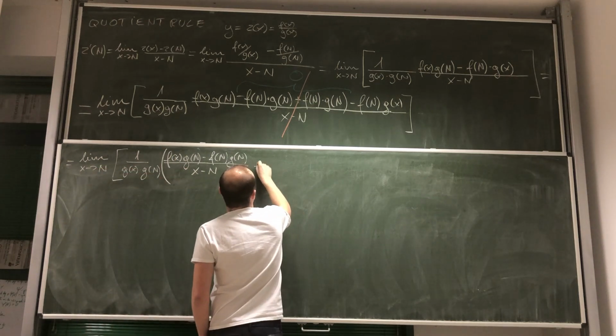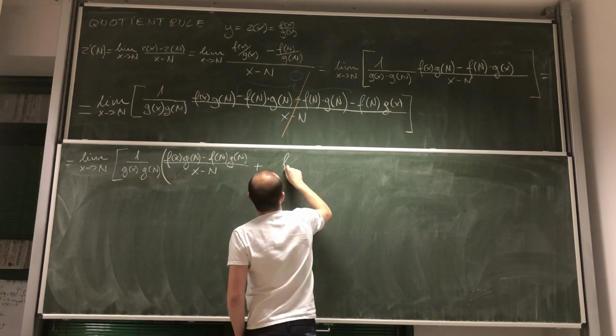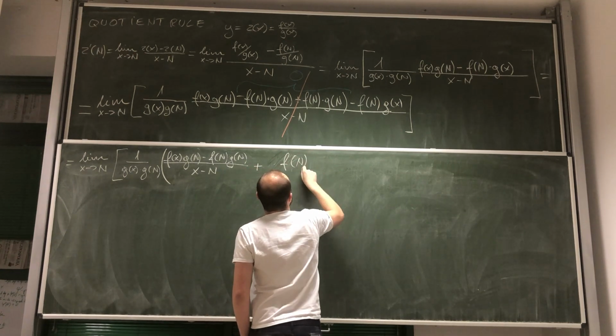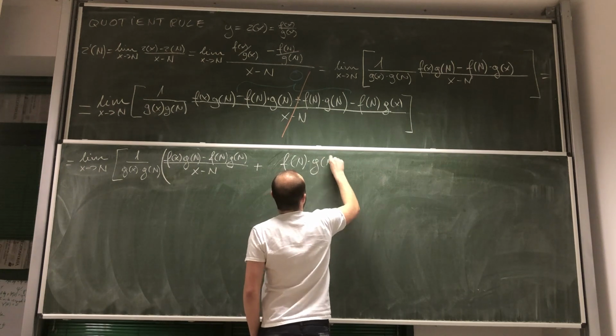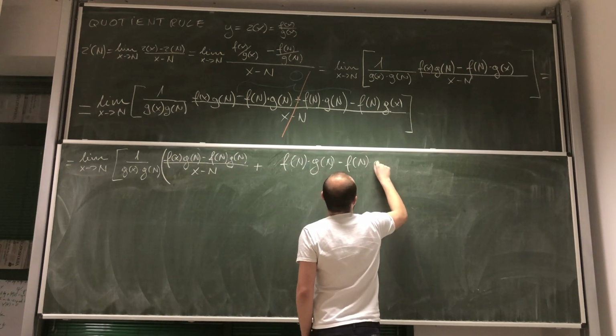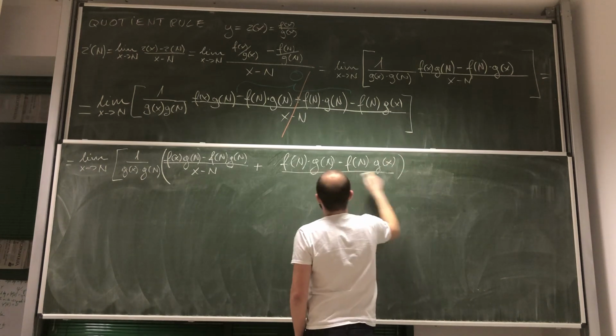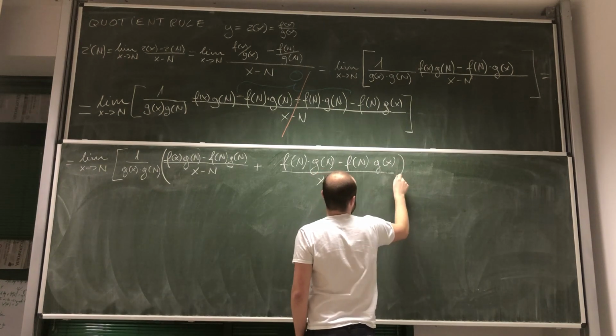And now we have plus f of n times g of n minus f of n times g of x, divided by x minus n.